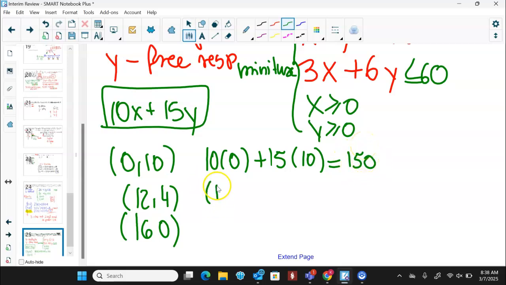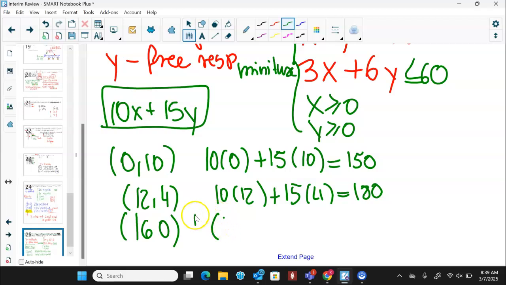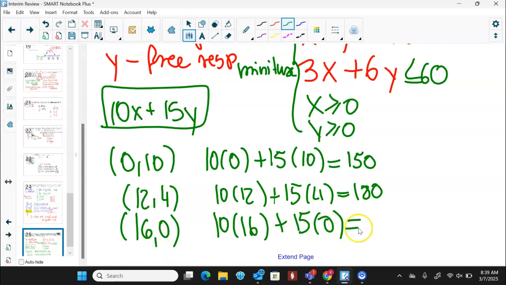Next one would be 10 times 12 plus 15 times 4, which will equal 180. And lastly, 10 times 16 plus 15 times 0, and that's going to give you 160.